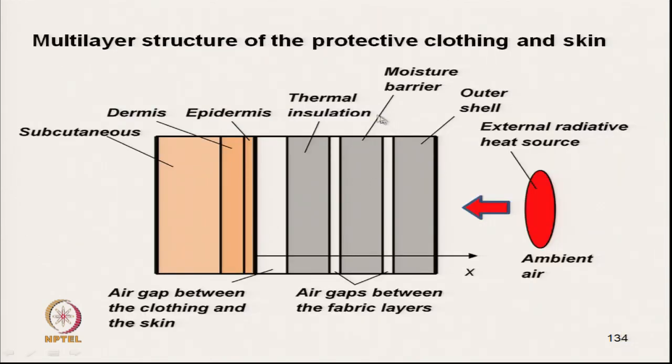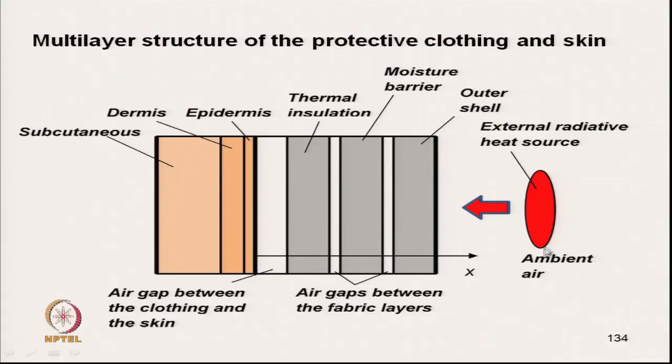If you see this schematic diagram, the different layers: the multi-layer structure of protective clothing and skin. This red source is an external radiative heat source.